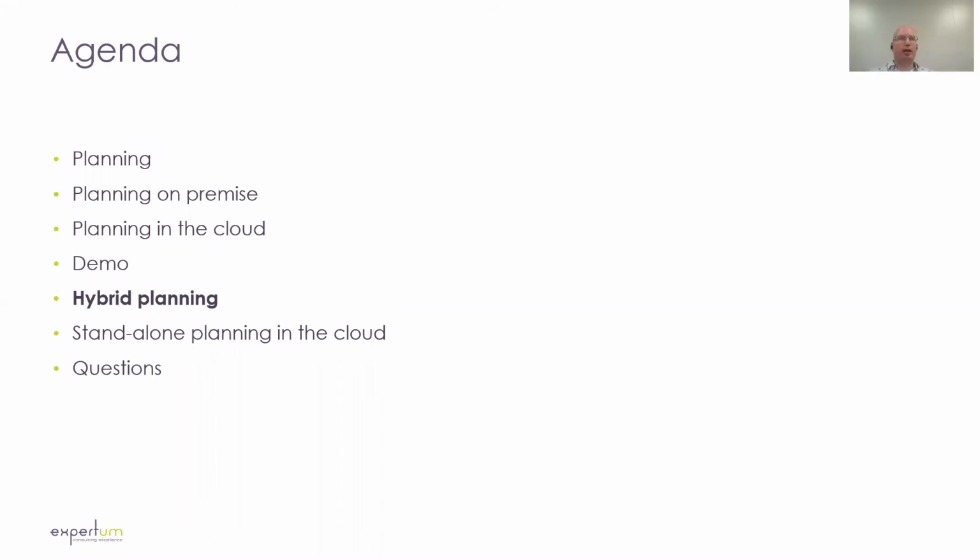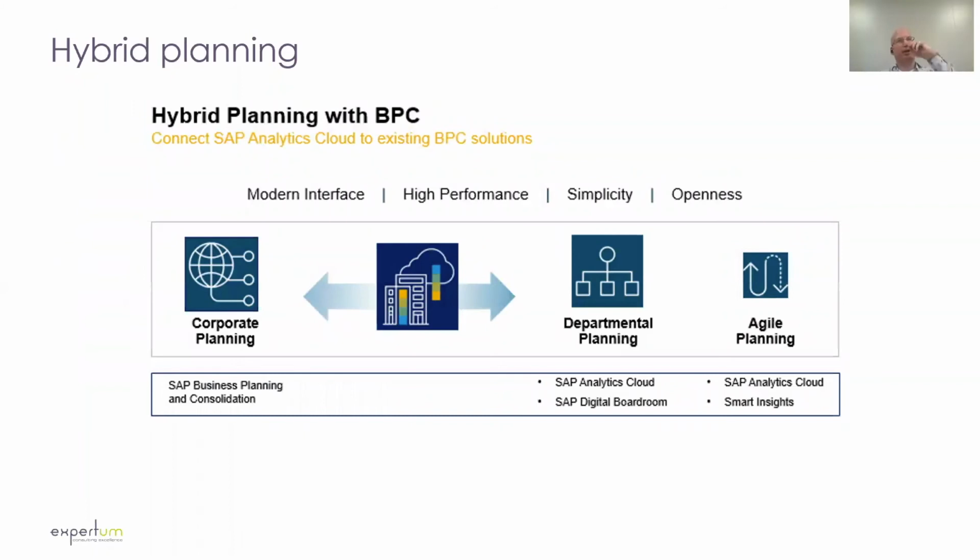So hybrid planning with BPC. It is a situation where you use BPC for your corporate planning and SAC for your line of business planning.